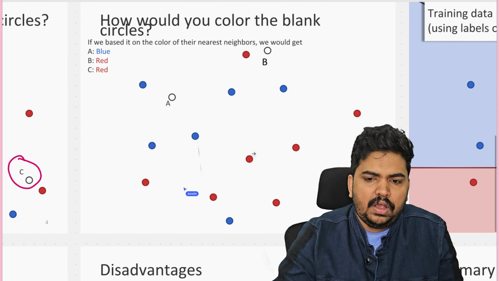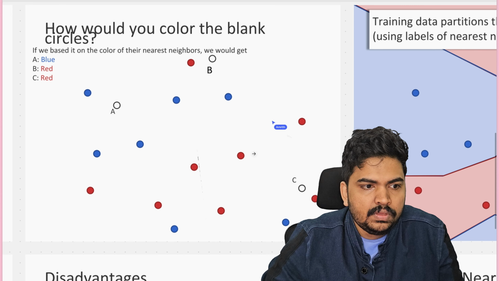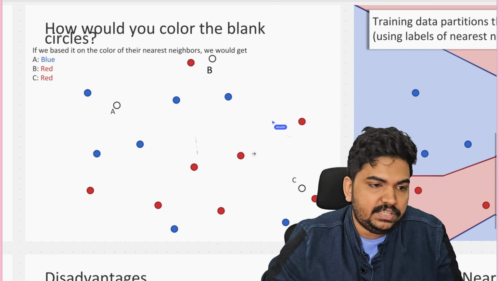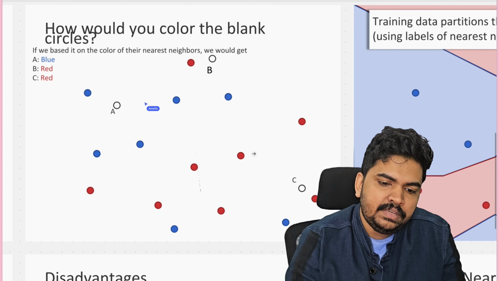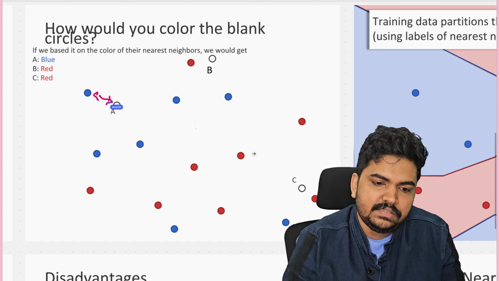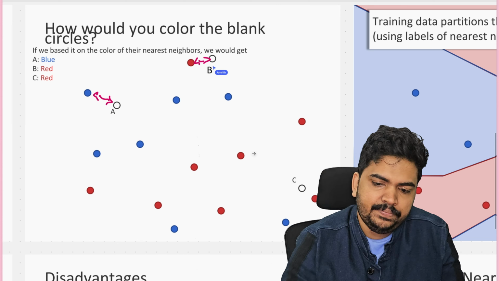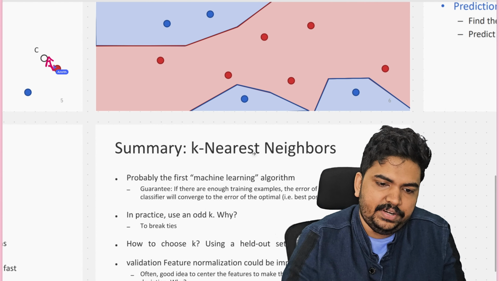So how would you color the blank circles? If we base it on the color of the nearest neighbors, we would get A as blue, B as red and C also as red.